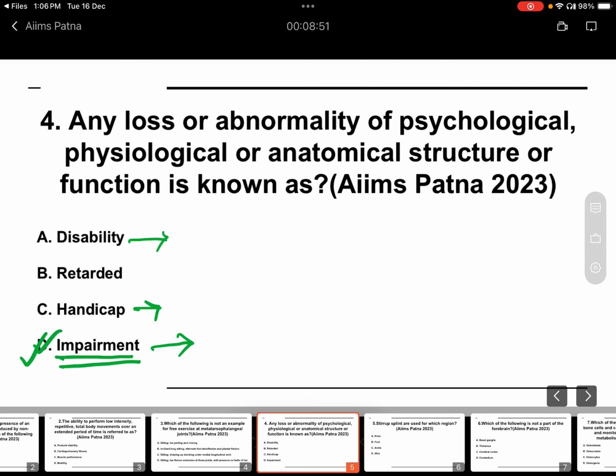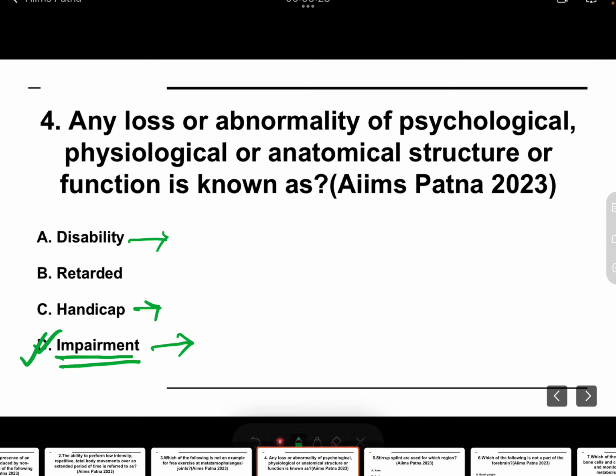Example, difficulty in walking, seeing, or talking. And handicap is a disadvantage experienced in society due to an impairment or disability, limiting the fulfillment of a social role. Example, being unable to work due to inaccessible transport or social exclusion.